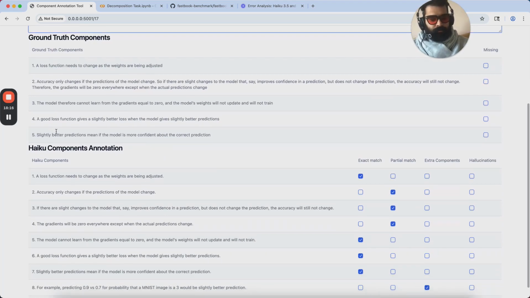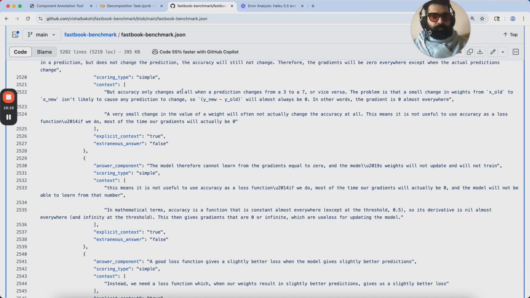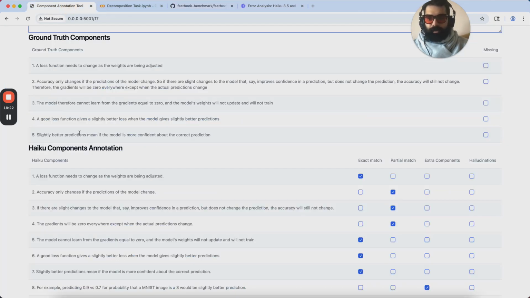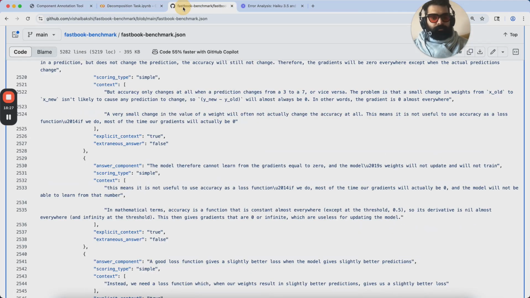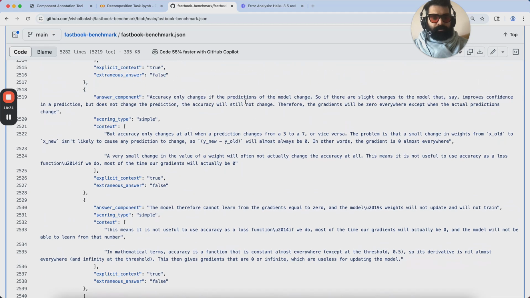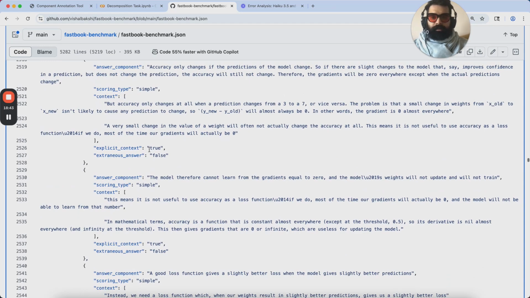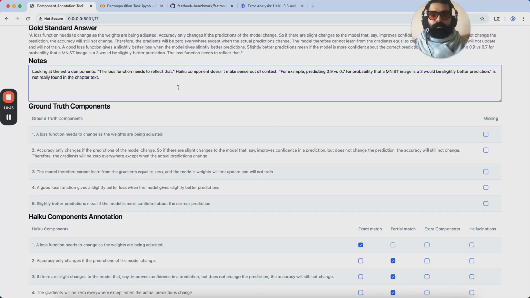And then if we look at, oh, here's another one where we have, no, we don't have a list. Okay, oops. Accuracy only changes when the model changes. Small changes, and then gradients will be 0. So I think the granularity won't matter.